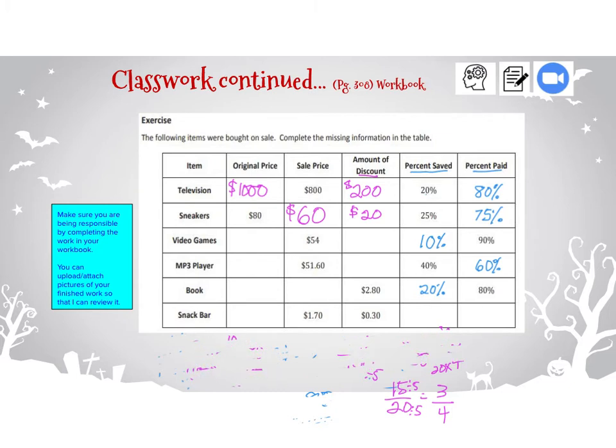Okay, I'm going to go back and erase some of my stuff here, just because I don't have very much room. I know in your math journal, you've got more room. Okay, now we've got the sale price of 54, and I know that it's 90 over 100, but I need to know the original price.